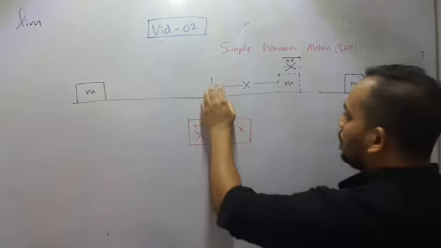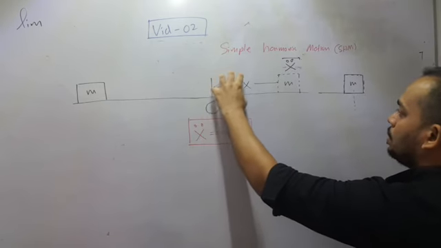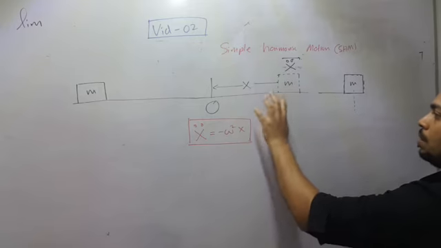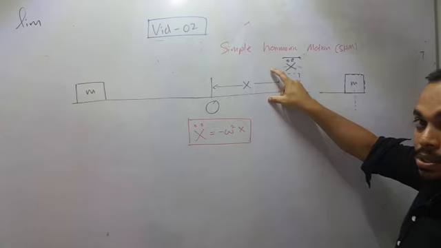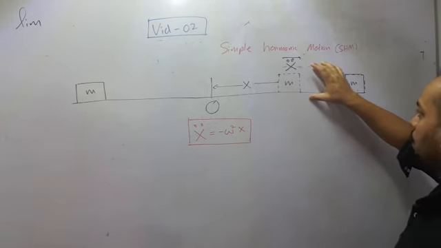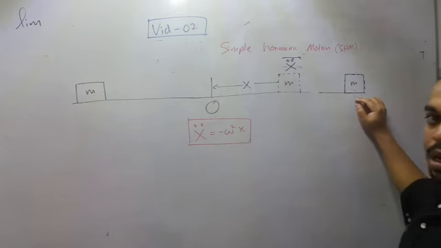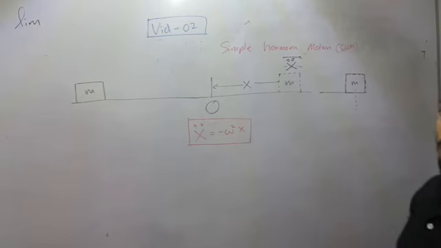Now, as we described simple harmonic motion earlier, this particle starts to move away from zero. When it is moving away from zero, the O point, it is decelerating. So when it is decelerating, what happens to the velocity? Velocity decreases, and at a point it will come to rest. Then it will turn around and move towards the center.